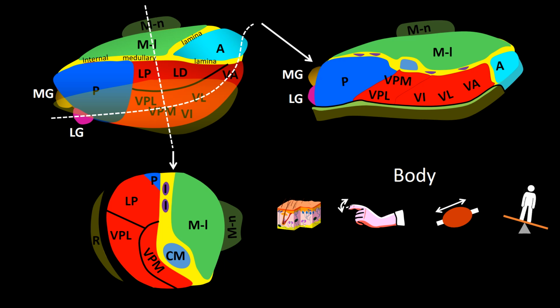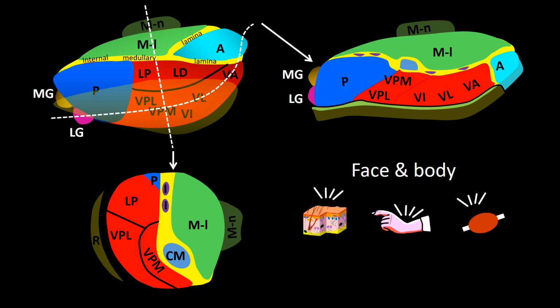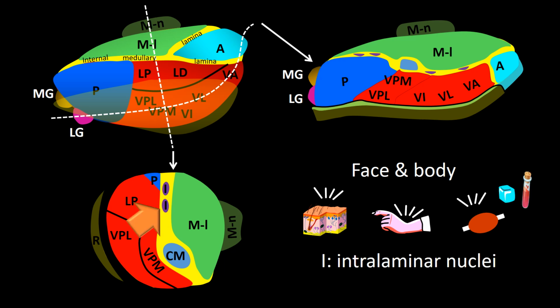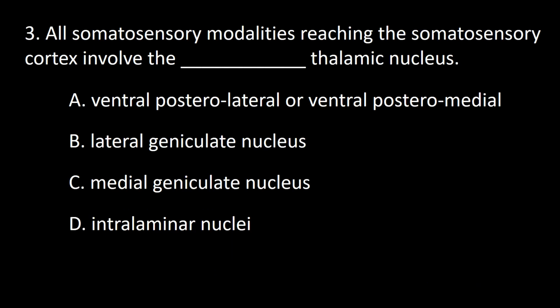Body sensations, including proprioception and sensation for balance, go to the ventral posterolateral nucleus, from where fibers go to Brodmann area 3-1-2. Dull pain from the skin, joint, and muscles, and probably temperature, involve the interlaminar nuclei, from where fibers go to the insula and rostral cingulate gyrus. So the answer to this question is A.